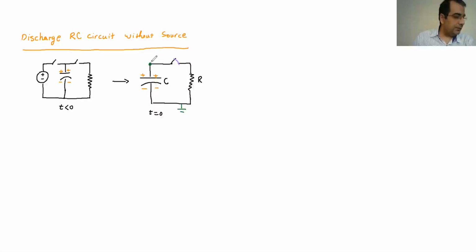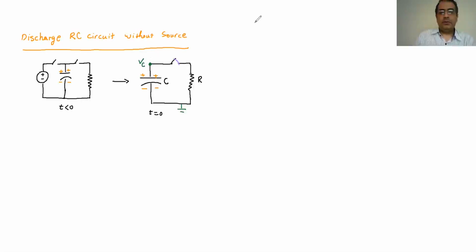This node is connected to the capacitor C, and the other end of the capacitor is connected to the reference. So if this is 0 here, with one end of the capacitor connected to the reference, the voltage at the other end is the same as the voltage across the capacitor. So it's going to be VC here.